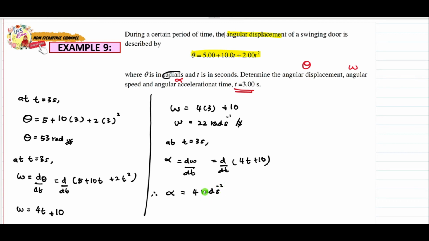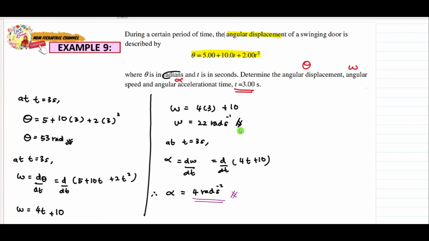Means that at any time, t equal to 4 second ke, t equal to 5 second ke, okay, angular acceleration dia tetap 4 radian per second squared. Okay, maknanya kalau soalan suruh awak kira what is the angular acceleration at t is equal to 10 seconds, for example, kan, jawapan dia tetap samalah, kita tak boleh pun nak substitute nilai t. Okay, means that the angular acceleration is constant untuk case soalan ini.